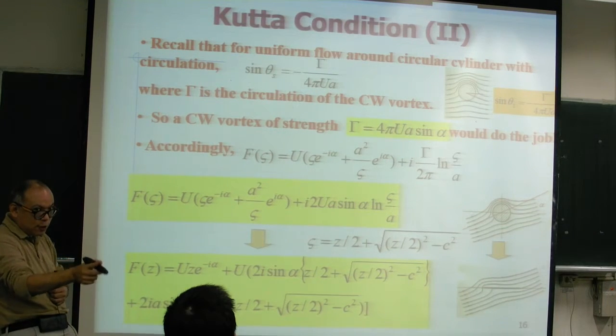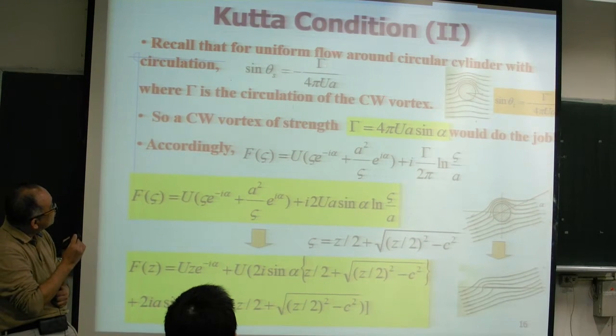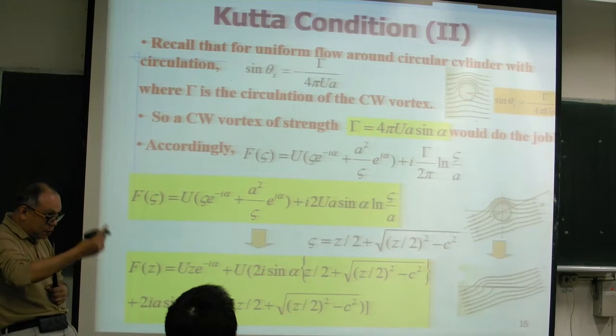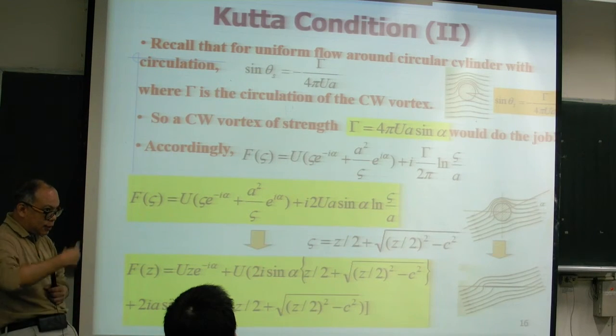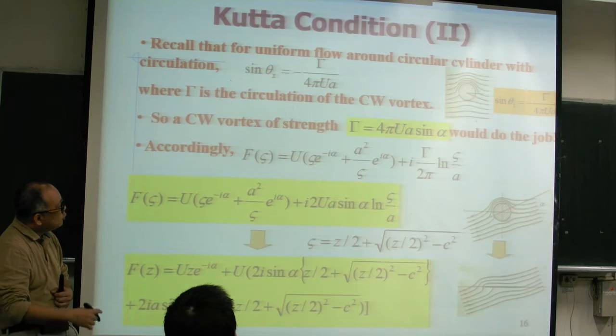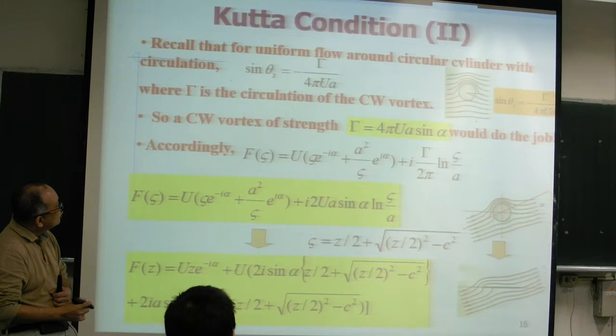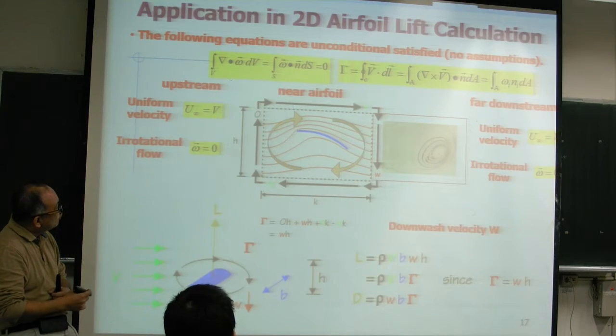Irrotational means there is no vorticity at all. So how can we apply the circulation? Circulation already has some kind of vorticity inside. How will the flow be irrotational, without the circulation, without the vorticity?